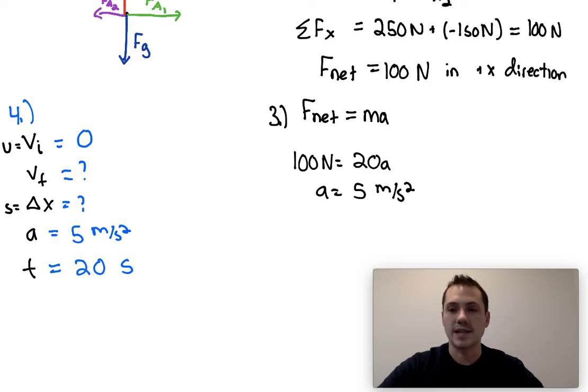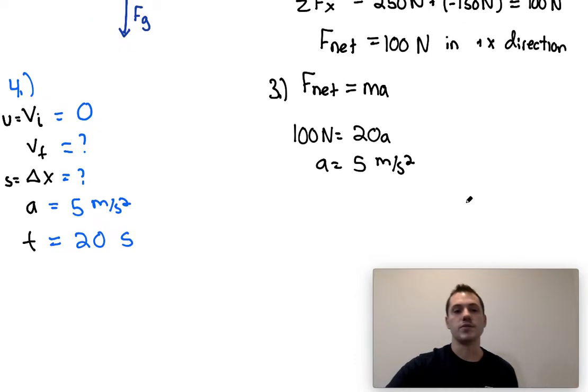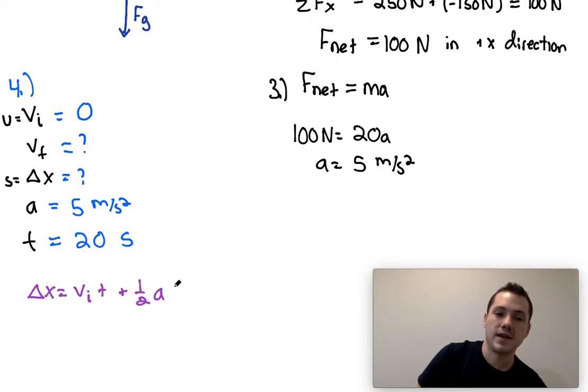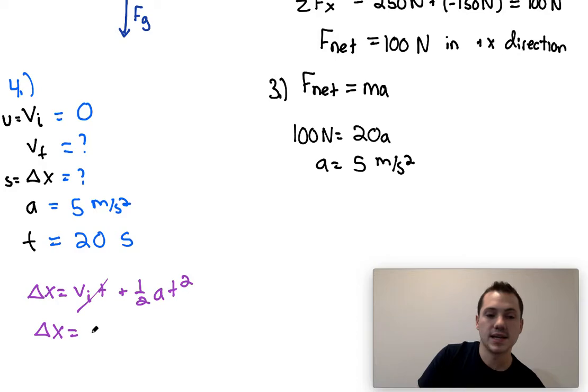In order to figure out delta x, I'm going to use the equation delta x equals v initial t plus 1/2 a t squared. And we can go ahead and plug in the values that we have. So v initial is 0, so this first term is actually going to conveniently just cancel out for us.